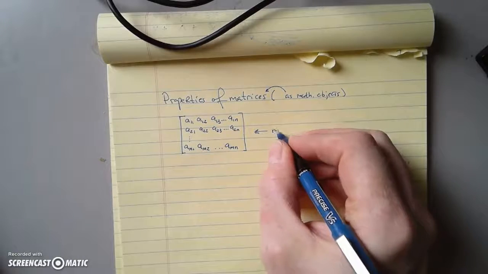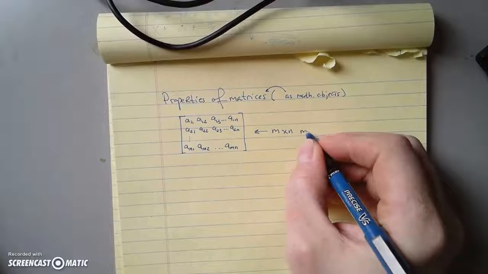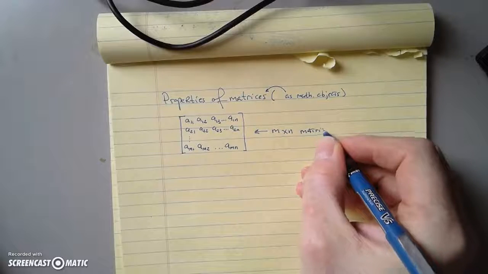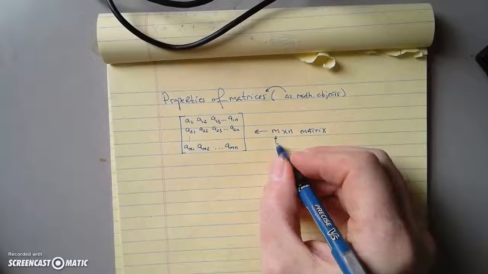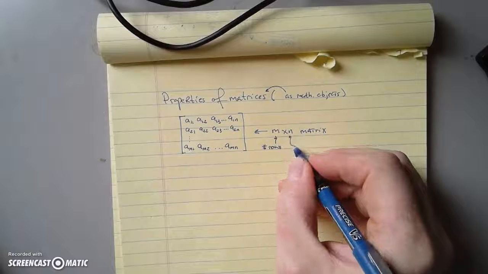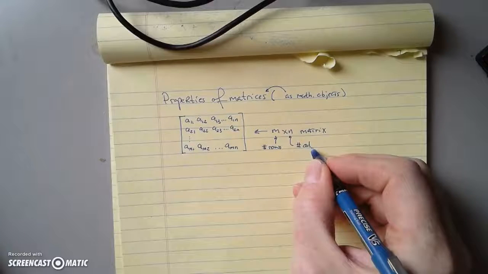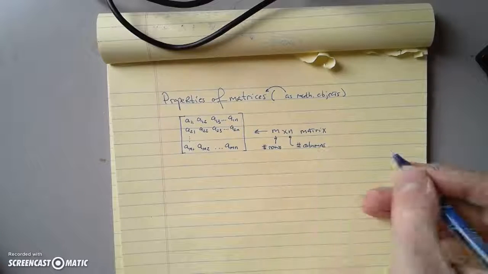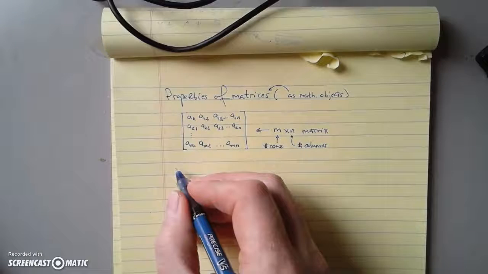So this would be an m by n matrix, where m is the number of rows and n is the number of columns. Matrices don't have to be square.